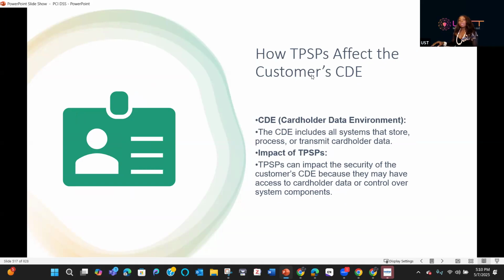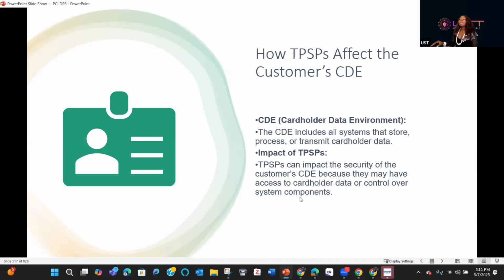But how does this affect the customer's cardholder environment? The cardholder environment includes all systems that store, process, or transmit cardholder data. The impact of your third-party vendor is that they can affect the security of the customer's cardholder environment, because they may have access to cardholder data or control over system components.